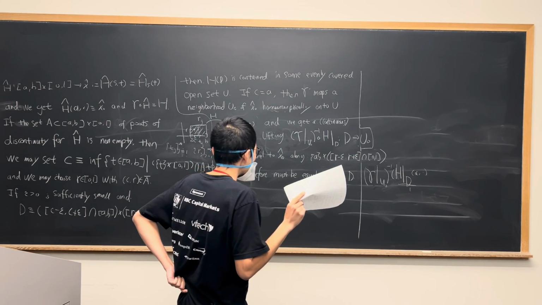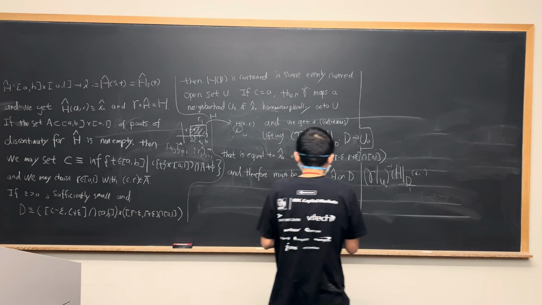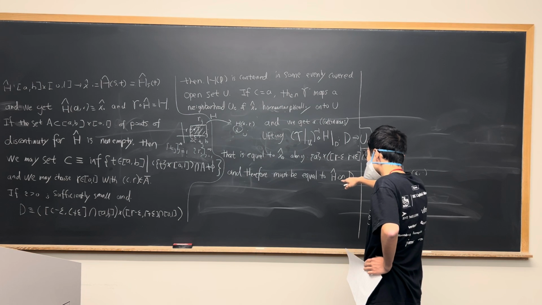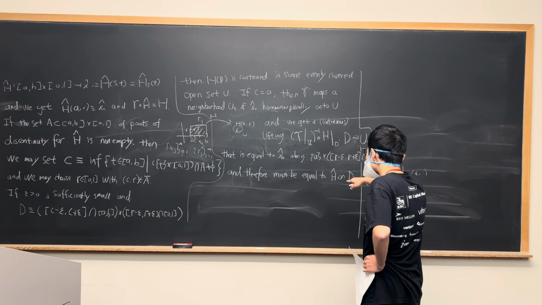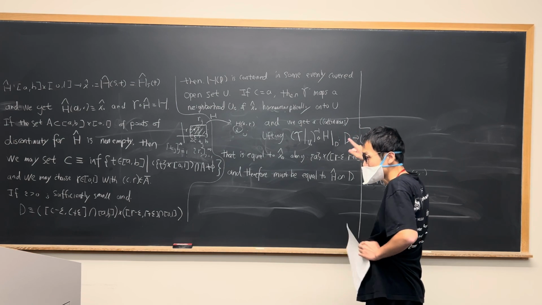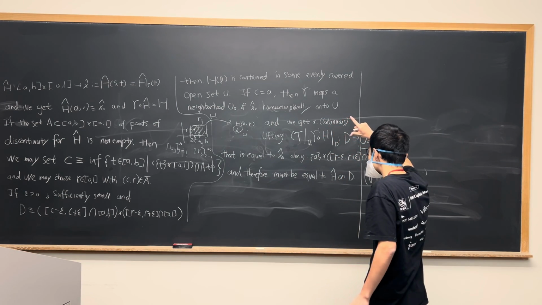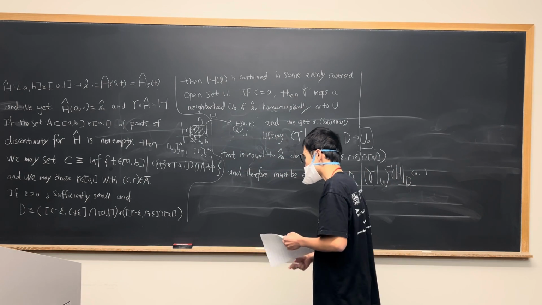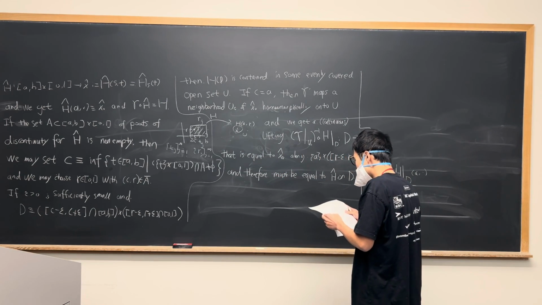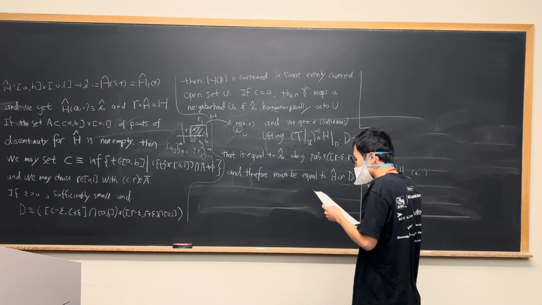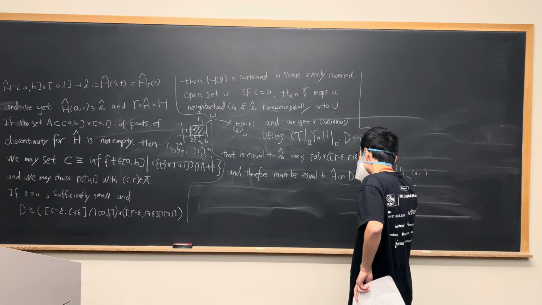Remember? So this h naught hat is what? You get this h naught hat by lifting this h. Because for the h, you know that there is a unique lift, right? So for each h, there is a unique lift.